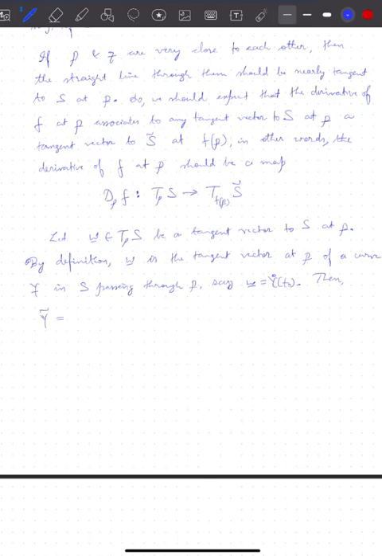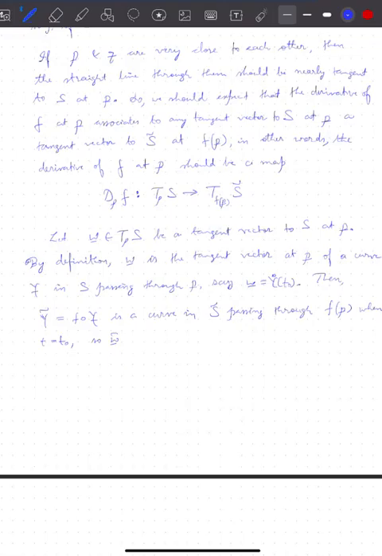So gamma tilde is equal to f of gamma, a curve in S tilde which passes through f of p vector when t is equal to t naught.